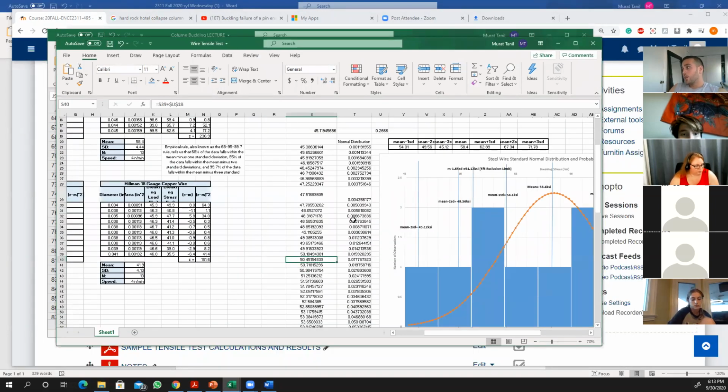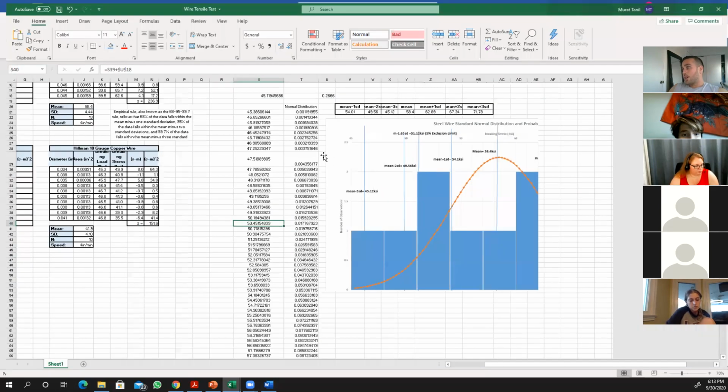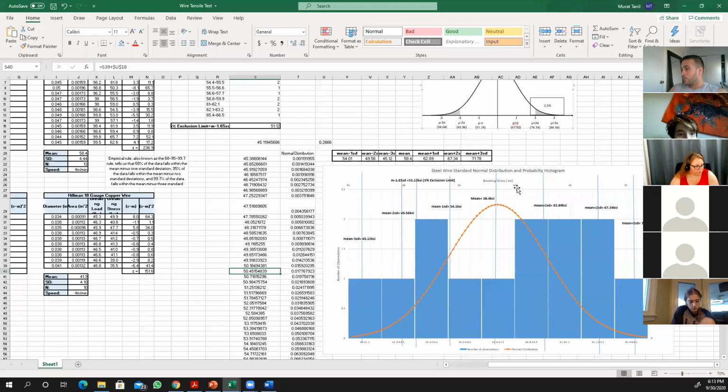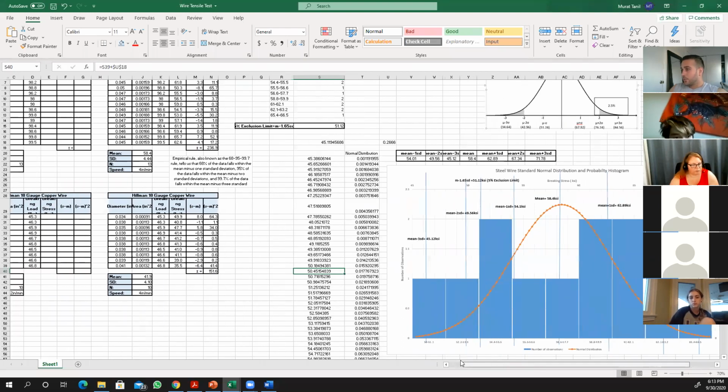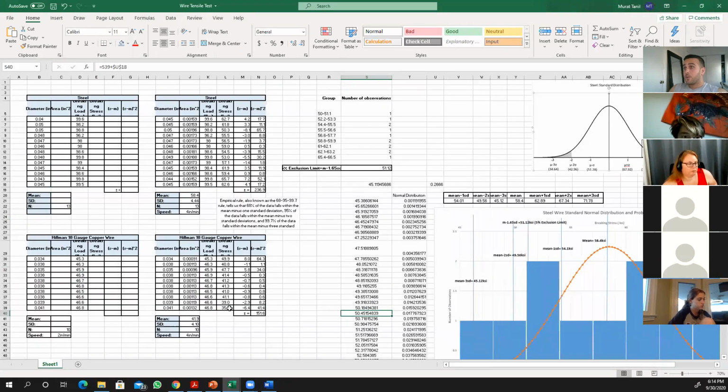Oh, this is what I did last year. A lot of statistical calculation. It's going to be a pain for you to develop this graph, but I'm going to spend time to explain how to develop it based on the data that we're going to have from this wire tensile test.